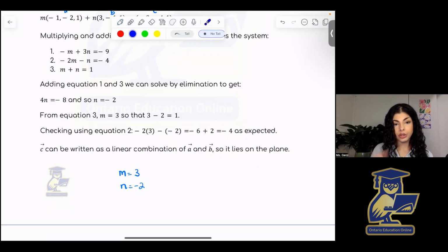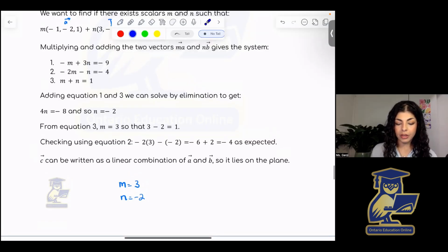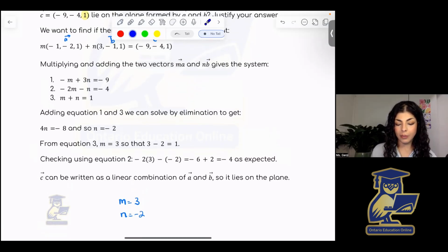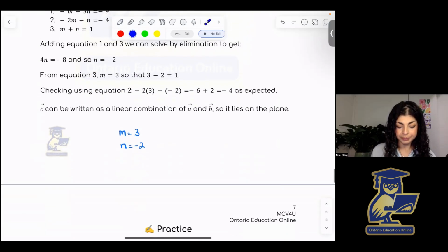I already showed you that equation 3 holds, and I showed you equation 2. So really, you're just checking equation 1: -3 plus 2 times -3, which is -6, is equal to -9. So there you go, we just checked all three. So we do have a linear combination of A and B which gives us vector C. And so this point is on the plane, and we do say it is coplanar.